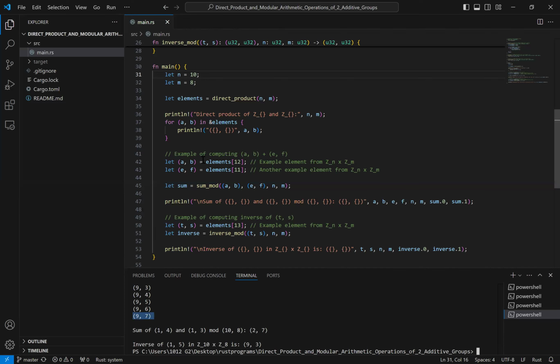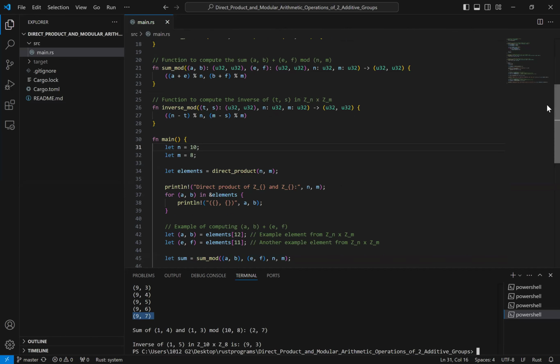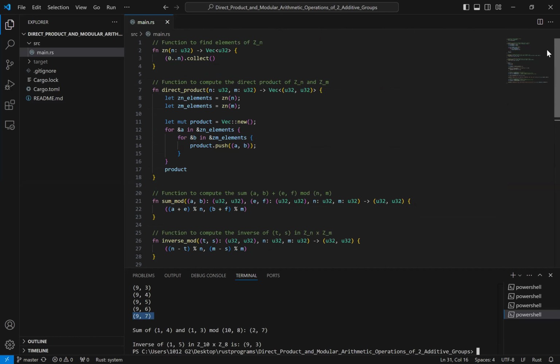Now, there's a question I've asked it here. In my code, just above here, where I'm defining my terminologies, this point: function to compute the sum of AB and EF, mod N, M. So the first element of my sum, I've called it A, and the second element, I've called it B, so that I have this as AB.